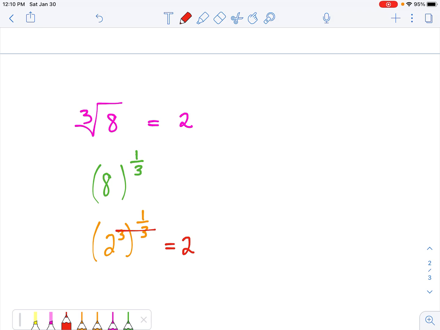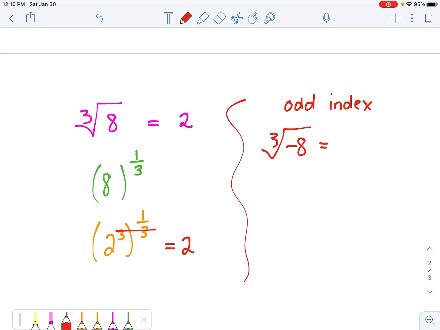Can we have a negative with an odd index? Well, let's think about that. If I have the cube root of negative 8, we do get negative 2. Why? Negative 2 times negative 2 times negative 2 is negative 8. That works.